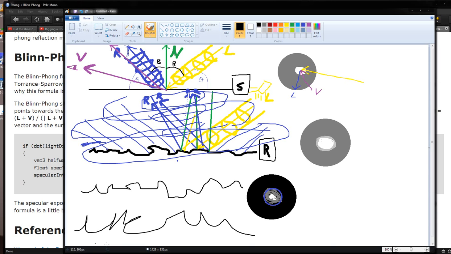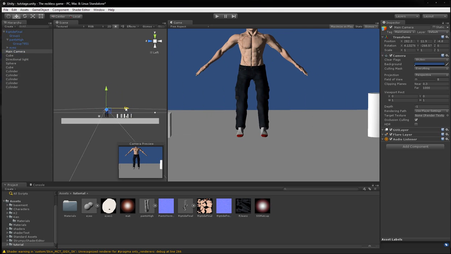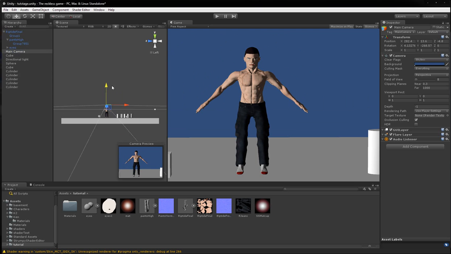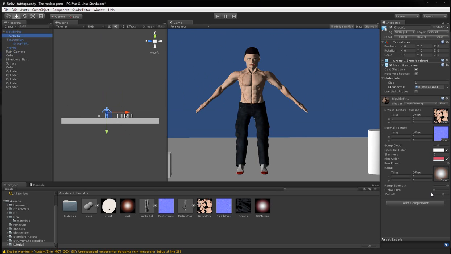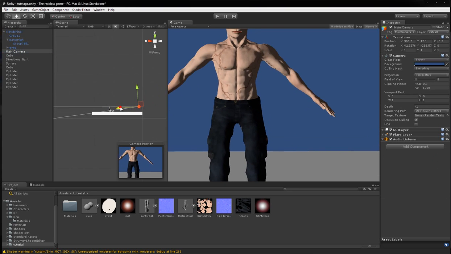So if we look at our original shader, which is still currently using the Phong lighting model, when we look at the shininess, which I have set to 0, a shininess of 0 could be considered roughness as being 100%.